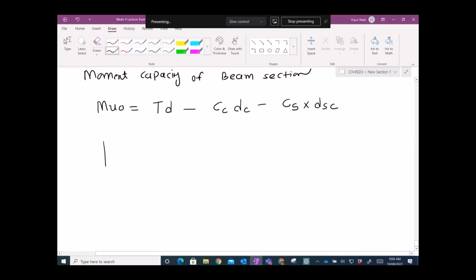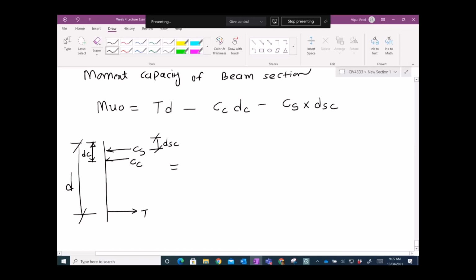If you remember these forces, you have the tension force times this distance D. Then you have the concrete compression force, that distance is this DC, which is gamma Ku D over 2. And then another one, you have a compression force CS and you have this DSC, right? So that's three forces times perpendicular distance.